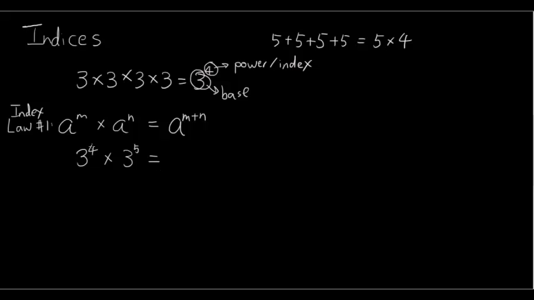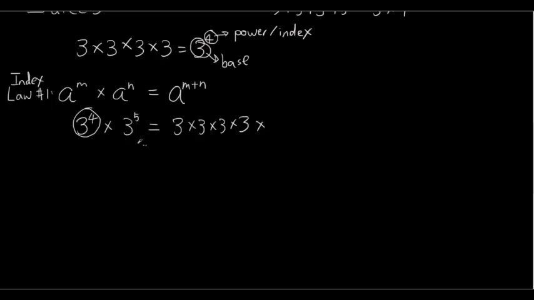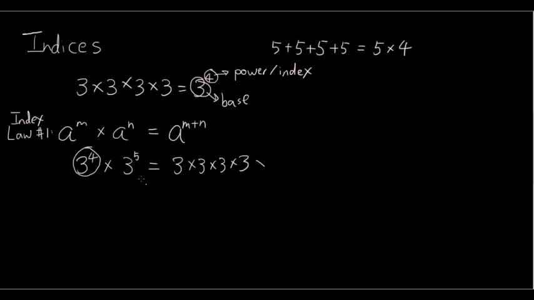Now, if we're going to write that out, 3 to the power of 4 is 3 times 3 times 3 times 3, times 3 to the power of 5, so 3 to the power of 5 is 3 by 3 by 3 by 3 by 3.